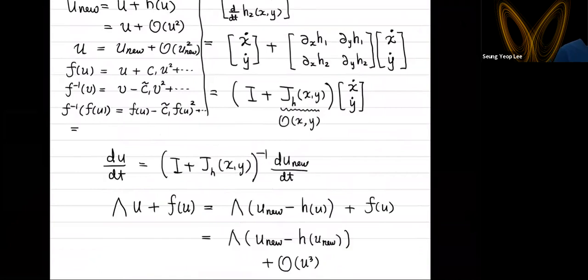Let me just keep the first two terms, and for the next term just the first term, and the higher terms.